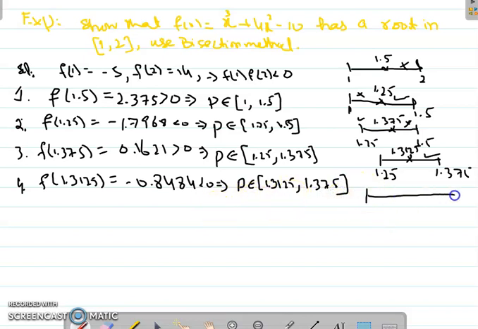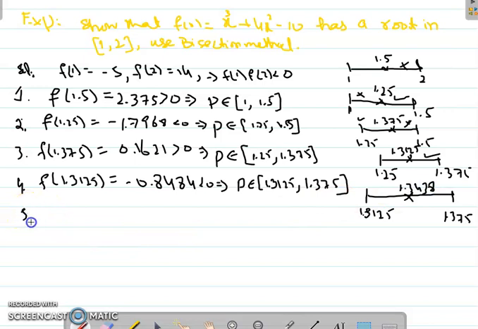So for the next iteration we will divide this interval, 1.3125 and 1.375, and the middle point of this is 1.3438.